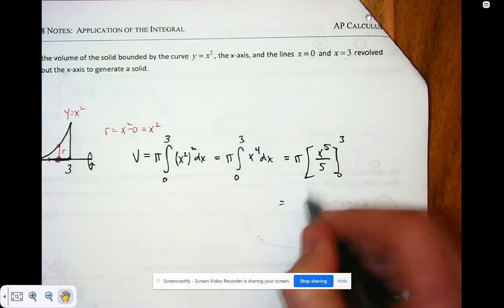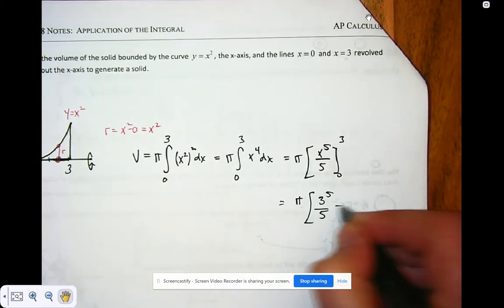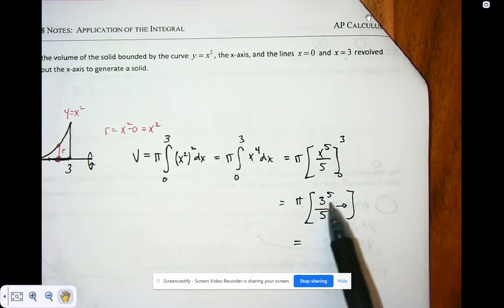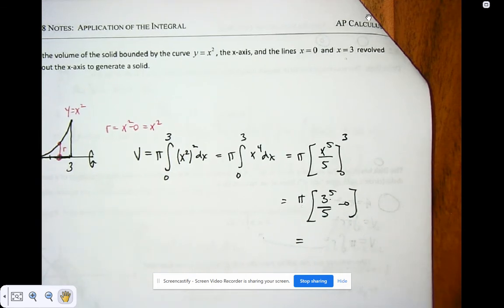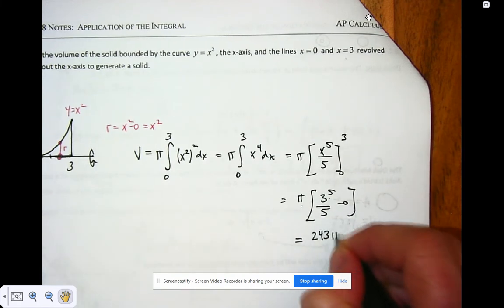And then when I plug in 3, I get 3 to the fifth over 5 minus 0. I don't even know what that is. I got 9 and 9. That'd be 4 of them, right? That's 81 times another 3. 81 times 3 is 240. What? 243? 243 pi over 5?